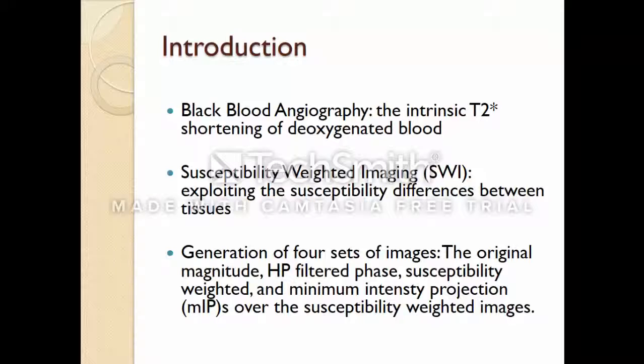At the end of the SWI process, 4 sets of images are generated: the original magnitude image, the high-pass filtered phase image, the SWI image, and the minimum intensity projection over the SWI image.